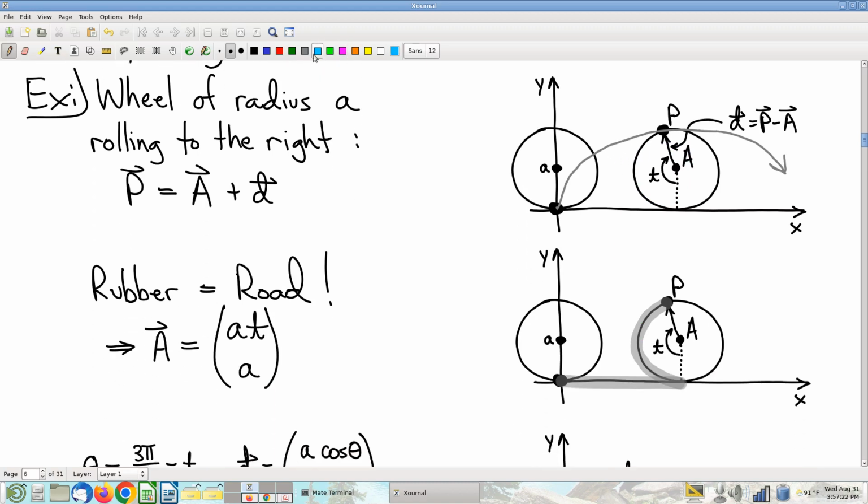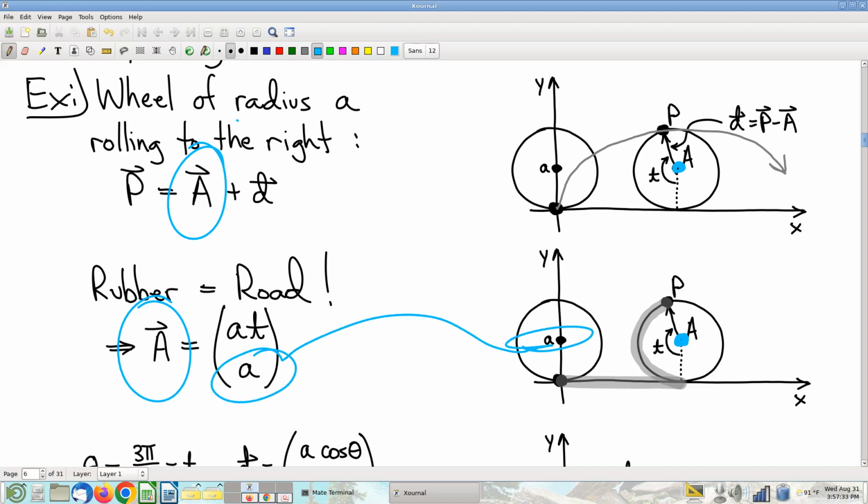Let's start with the axle. Here's the axle, there it is, right there. How can I write down a formula for the axle? Notice that the y-coordinate, of course, is just A, because this is a wheel of radius A, so the axle's A off of the ground there, and so the y-coordinate's A. That's the easy part. For the other part, the x-coordinate, it's this distance.